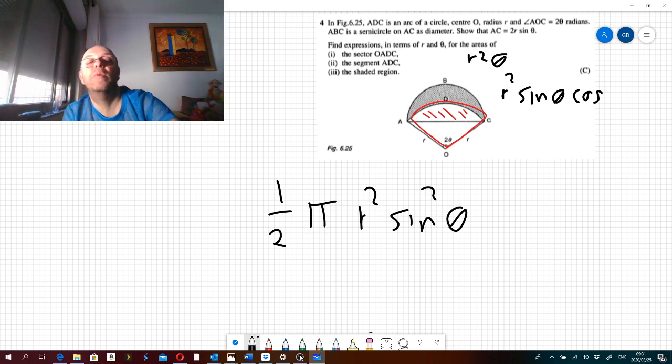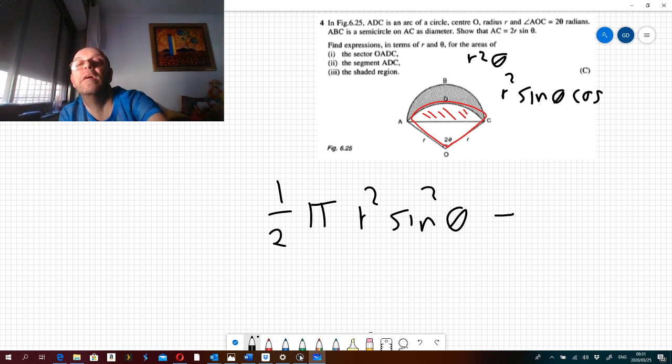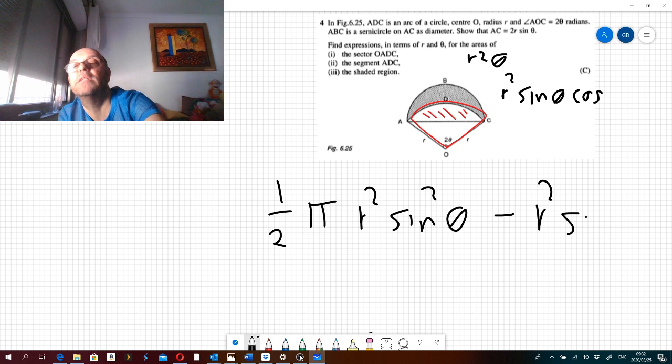But we're going to subtract the area of the segment we found, which is r squared sine theta cos theta.